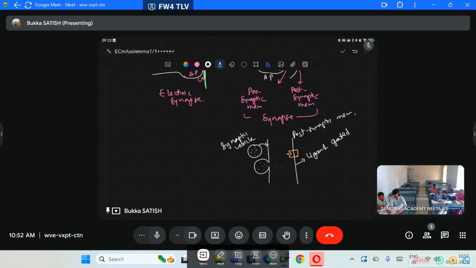When the neurotransmitter binds here, it will stimulate these ligand gated channels. The same thing, there will be influx of Na plus, the same story. The only thing is the stimulus is different. The stimulus is a ligand. What ligand is that? The neurotransmitter binding with the receptor. Is this clear, everyone? Yes or no?